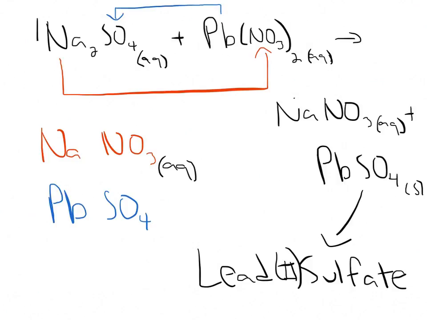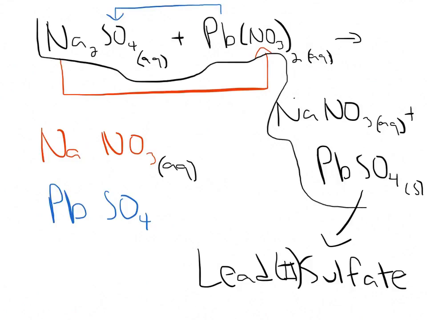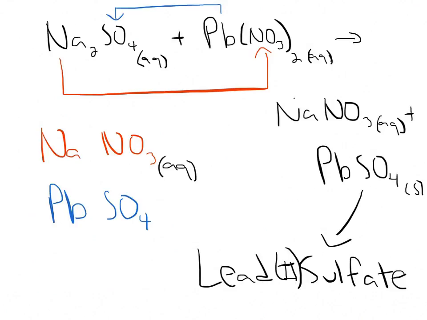And so we have our final reaction, and whoops, it's not balanced. So we need to balance it before I put the box around it. Got a little bit ahead of myself. Let me erase that. To balance this, there's two Na's here and only one Na here, so I can put a 2 in front of that Na.